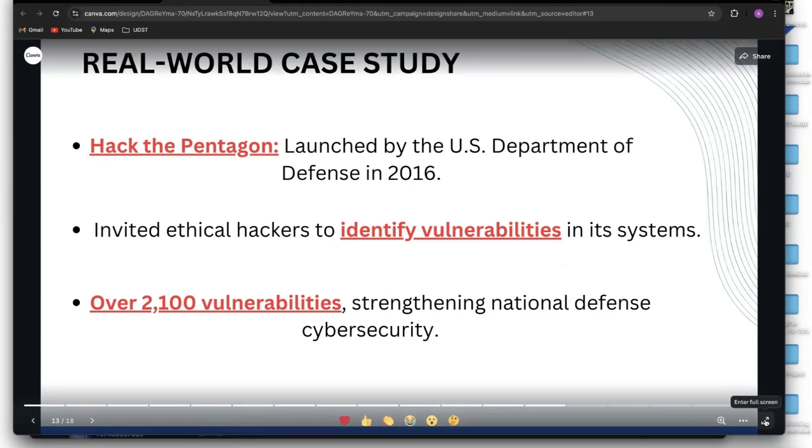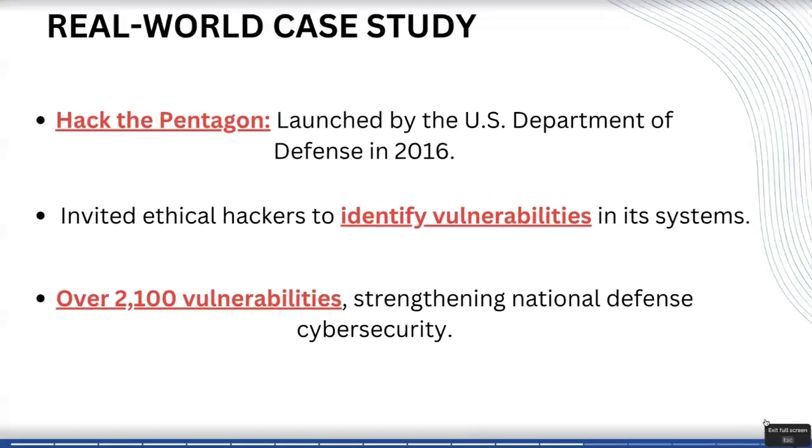This is a short case study that I want to present. In 2016, the U.S. Department of Defense launched a program called Hack the Pentagon. This program was the first of its time. I believe no other federal government in the world launched a program like this in 2016. They invited ethical hackers around the country to identify vulnerabilities in their systems.